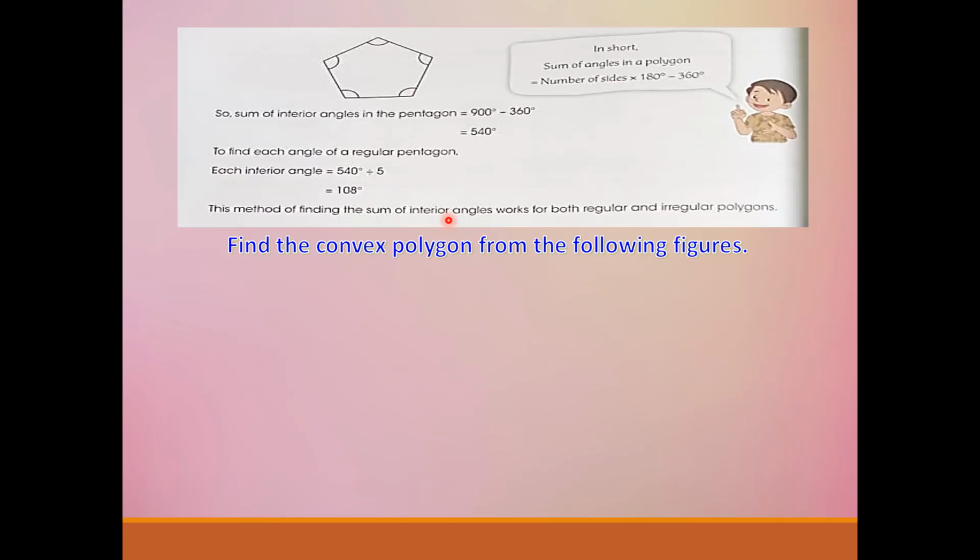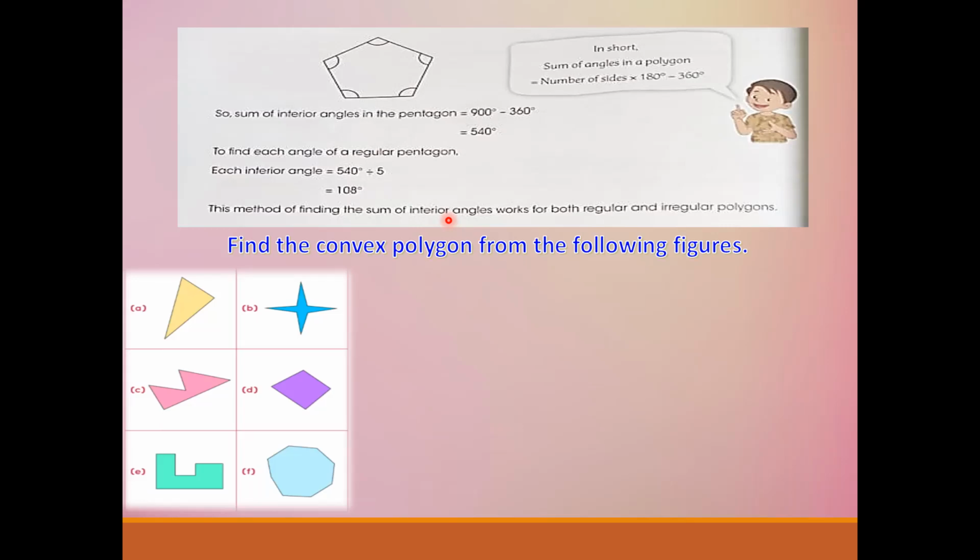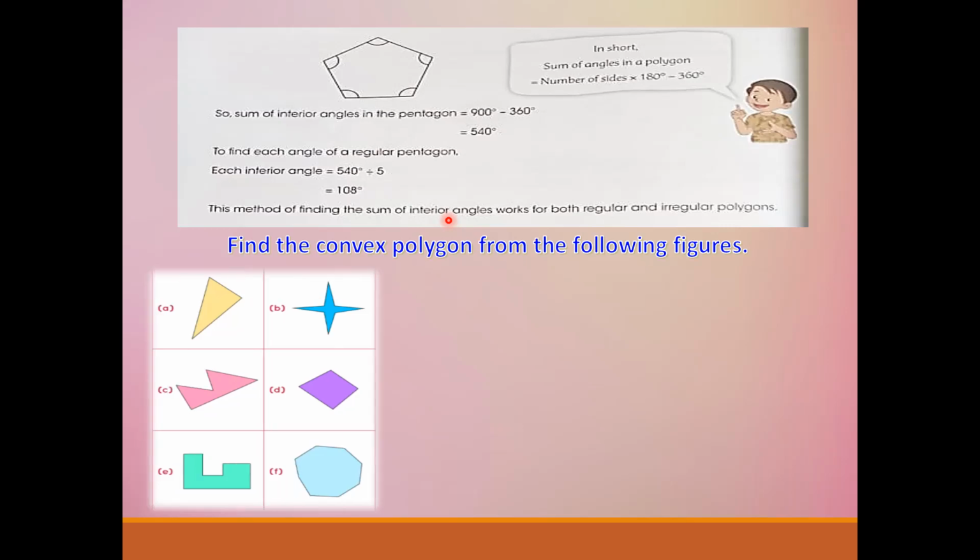Alright, so let's have a very quick review. Find the convex polygons from the following figures. Convex, you still remember? Convex polygons include regular polygons. So A, B, C, D, E, F. Which of these figures are convex polygons?